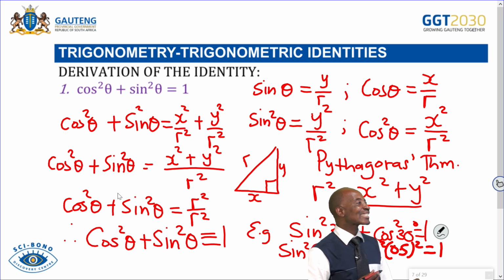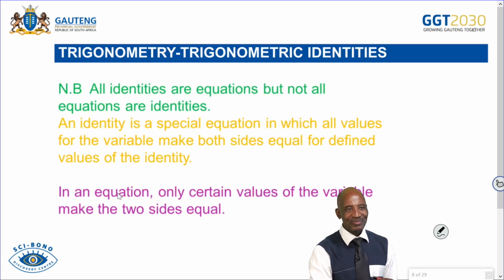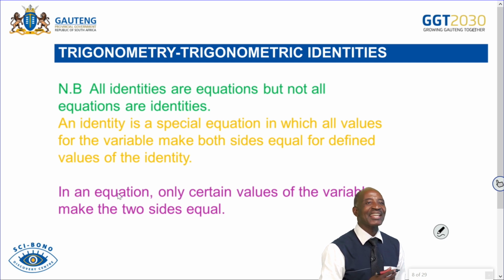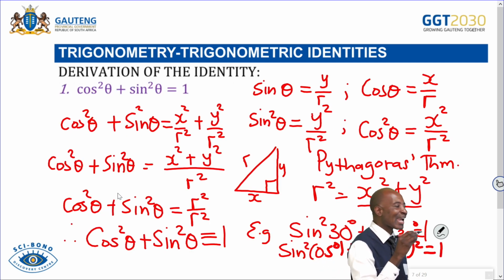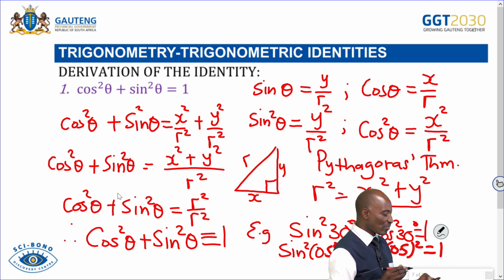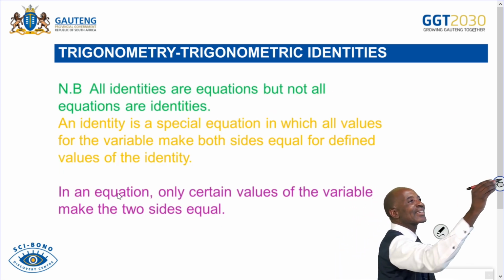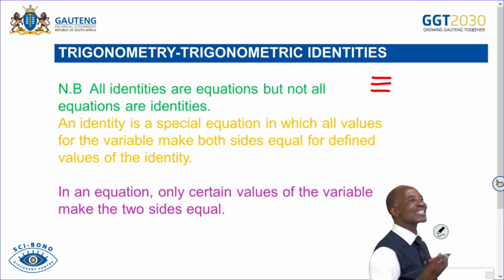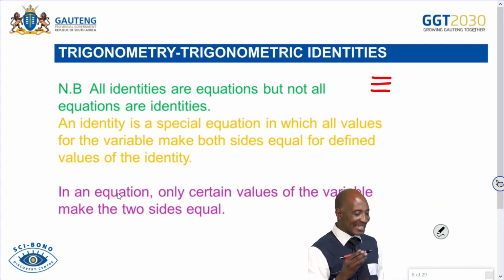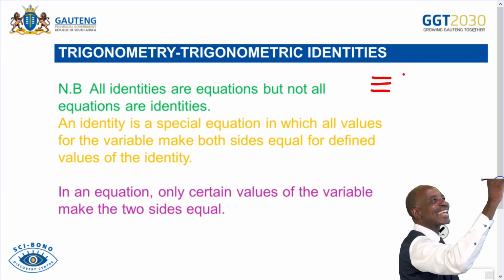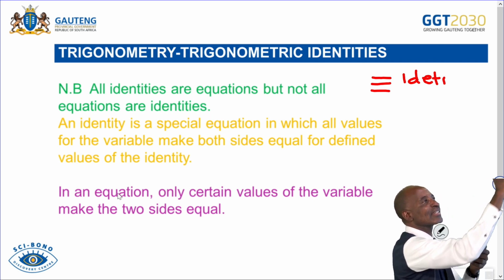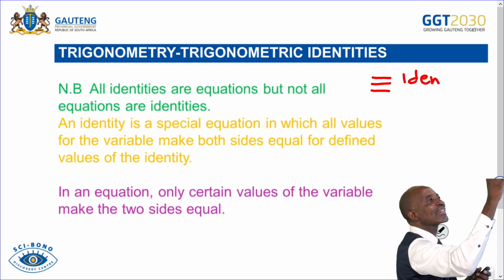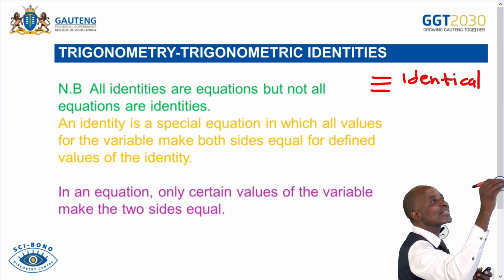It means this is a special equation. This special equation is called an identity, and it uses a special symbol. That special symbol is an identical symbol. So all identities use this identical symbol.